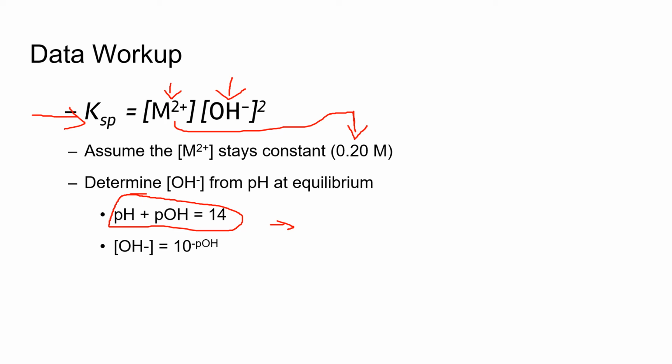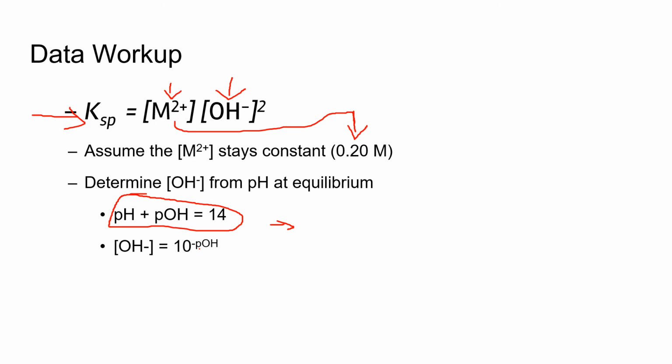And after I find my pOH, this is also how to find the value of the OH. Just take 10 raised to the power of the negative value of your pOH.